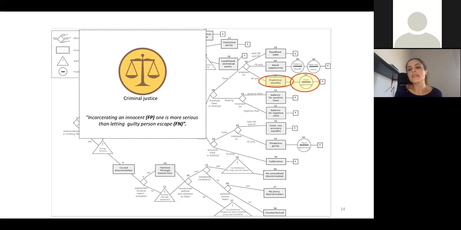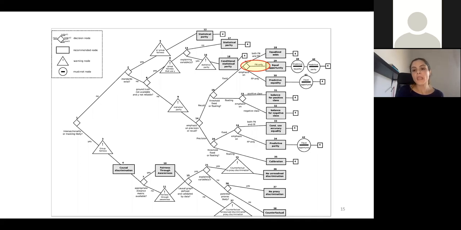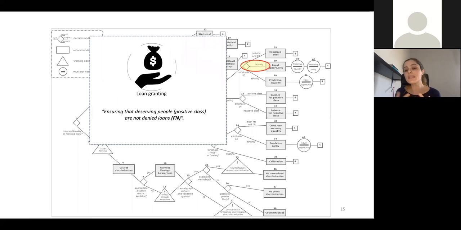Basically this notion is totally insensitive to the false positive rates. So even if you have a huge number of false positives in your data, this notion will be totally insensitive to that. An example of a system that is more relevant to false negatives is a loan granting application, as we need to make sure that deserving people are not denied loans disproportionately from one group to another.